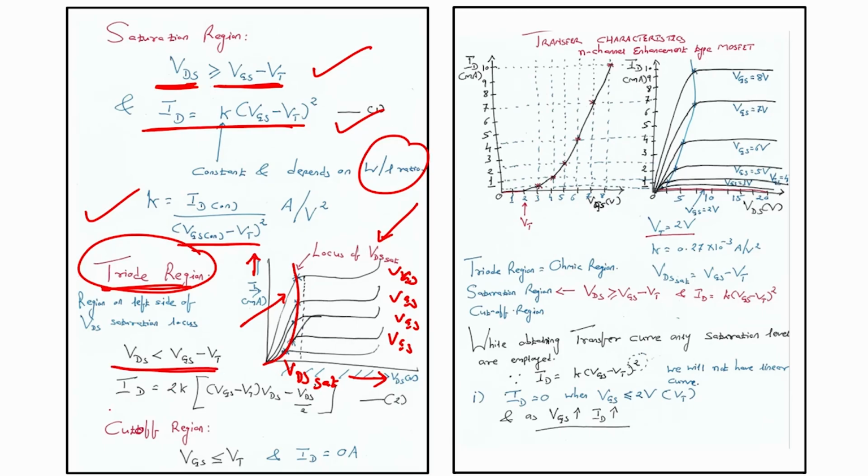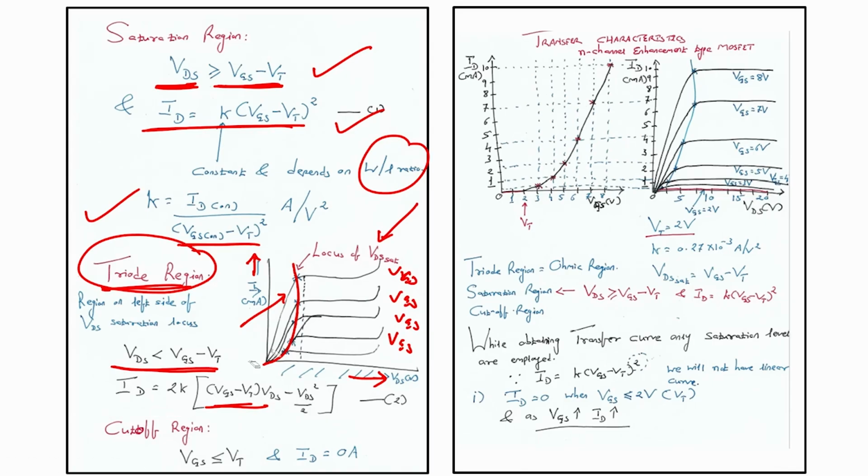So, we can write ID equals 2 times K (VGS minus VT) into VDS minus VDS square by 2.